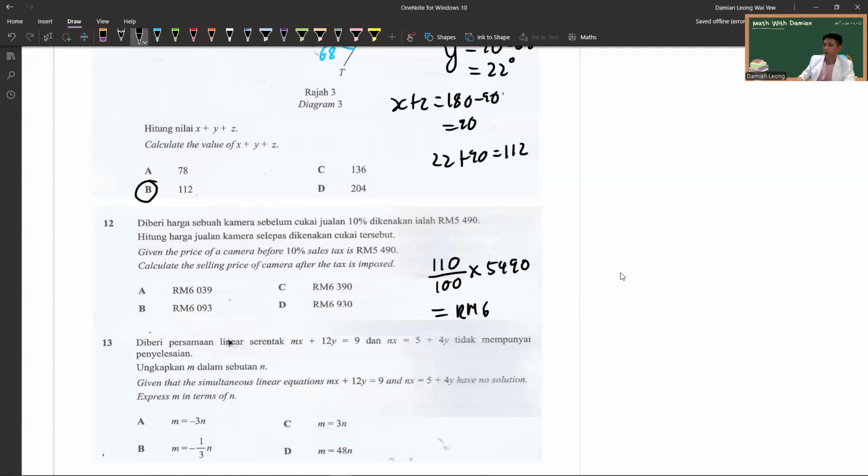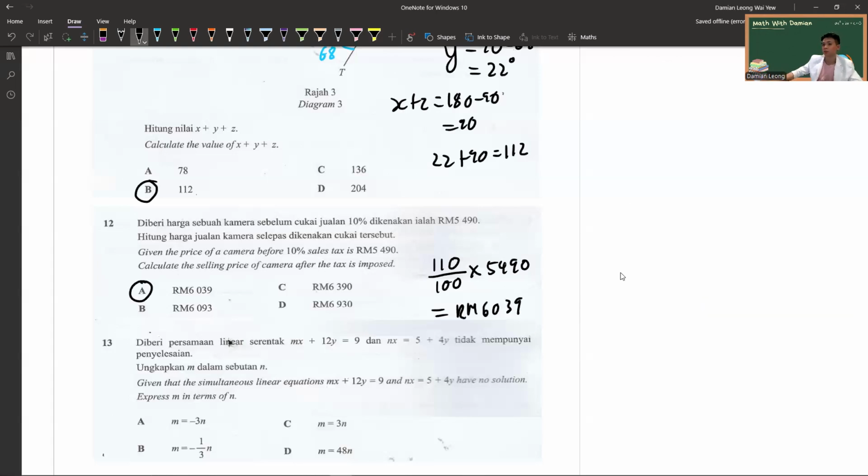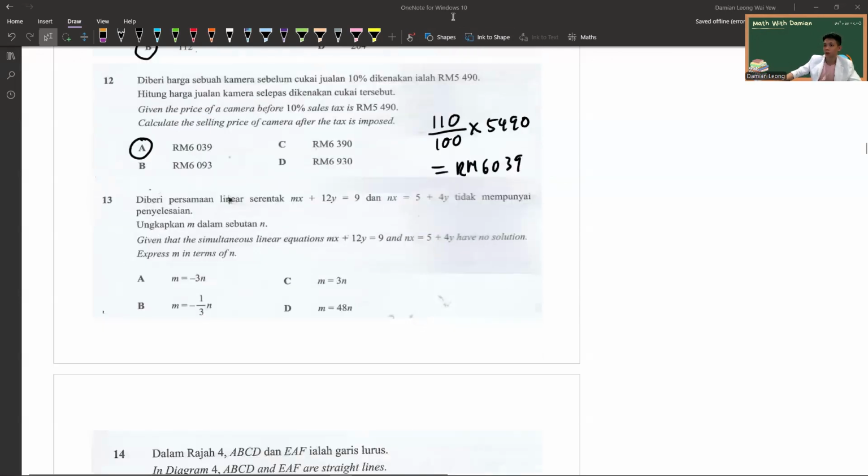So it's 6,039 ringgit. So the answer would be A. So for tax, just add on the percentage of the tax. That should be fairly simple.